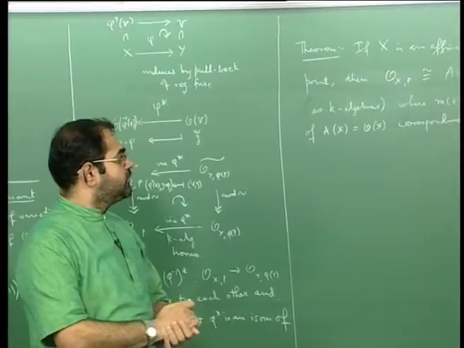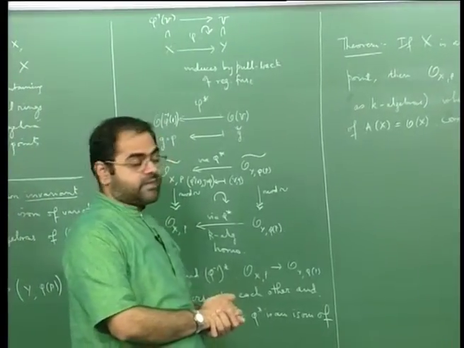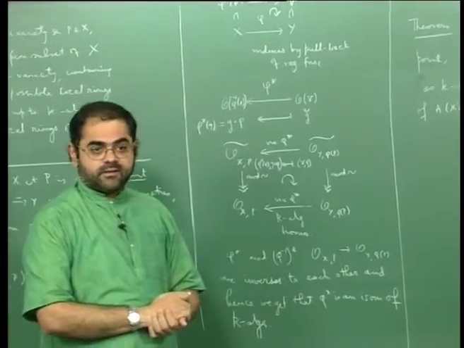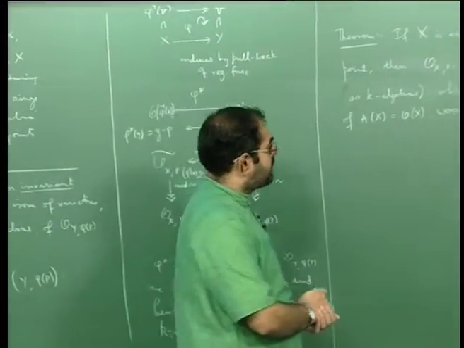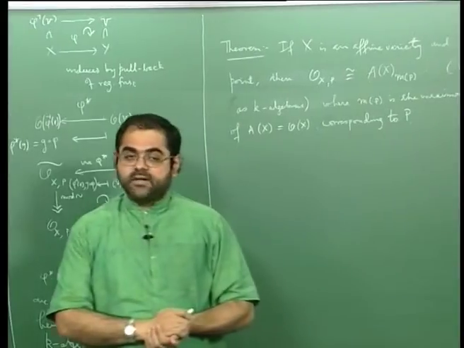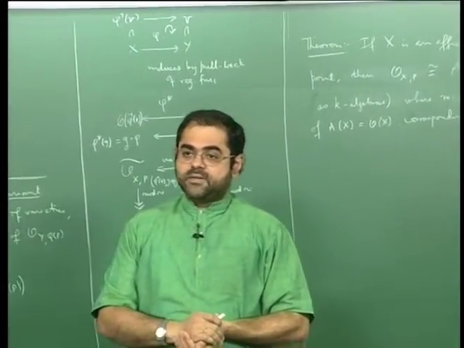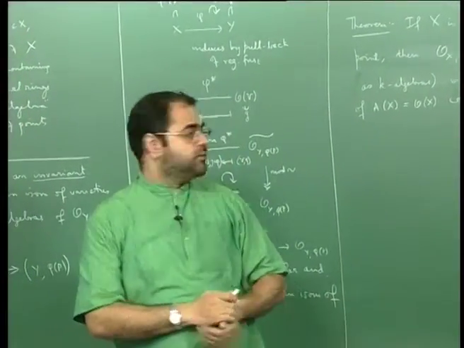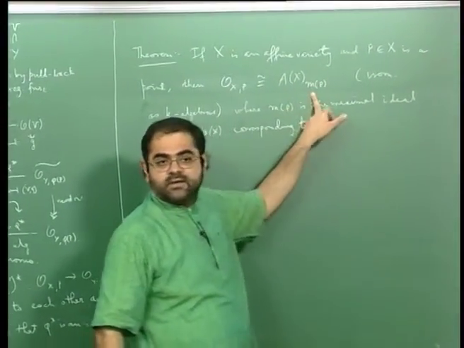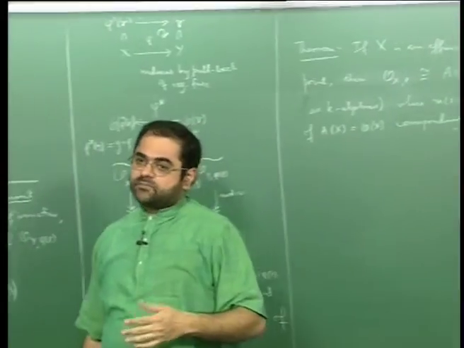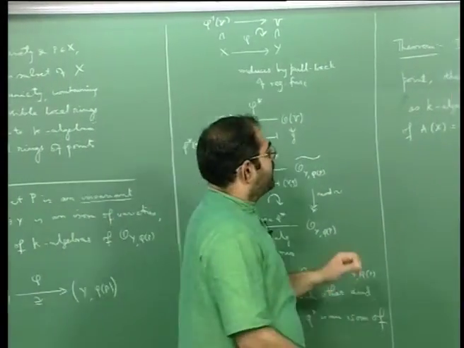Localizing at a prime ideal or a maximal ideal means you invert all the elements outside the prime ideal or the maximal ideal. So take the ring A(X) and invert all the elements which are not in the maximal ideal corresponding to the point p.